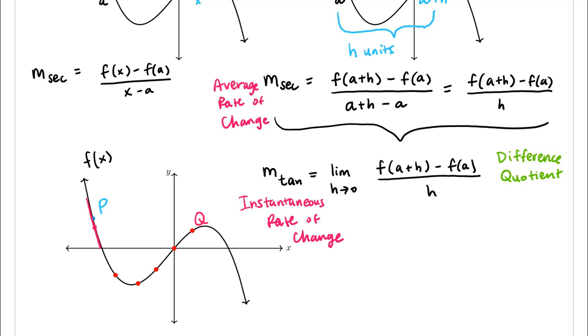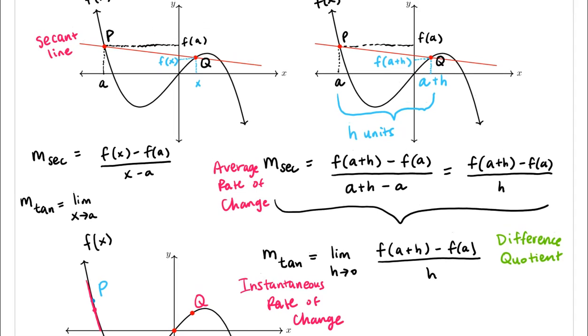So now I'd like to come up with another formula in the first picture that we drew. In this case, we'd have that the slope of the tangent line is equal to the limit as x approaches a. Here in this first picture, our x coordinate is moving closer and closer to a.